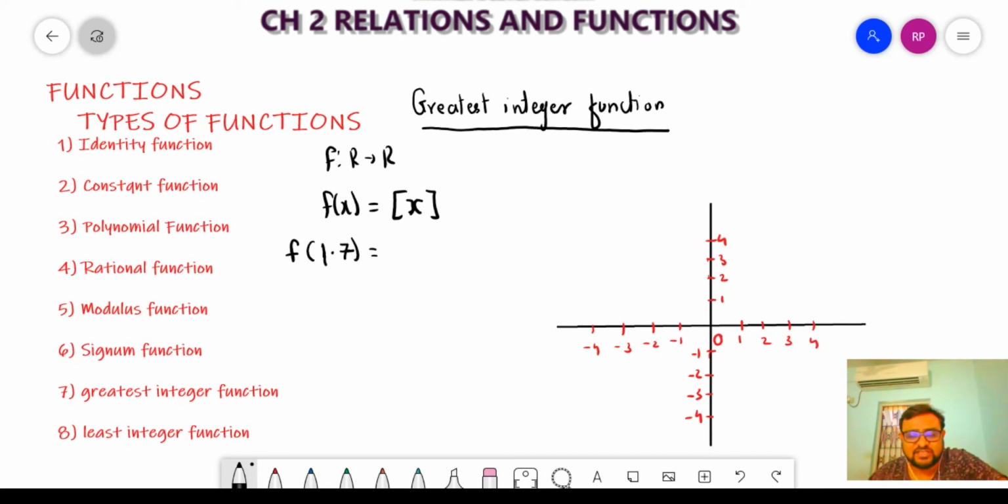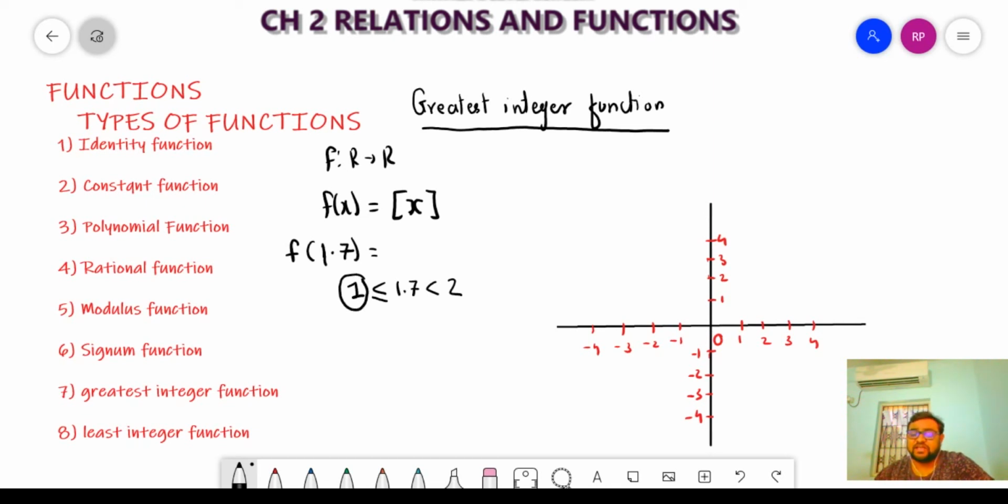So I will just split it into a window: an integer which is just less than that and just greater than that. So I can write it down like 1 less than or equal to 1.7 less than 2. Here I will use less than or equal to because I need to write down this value.